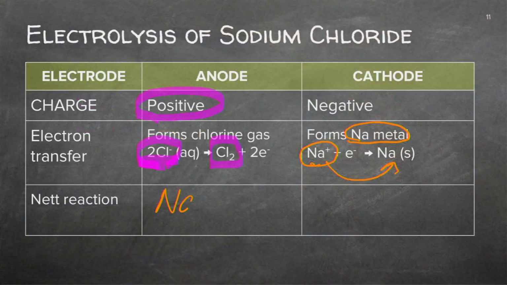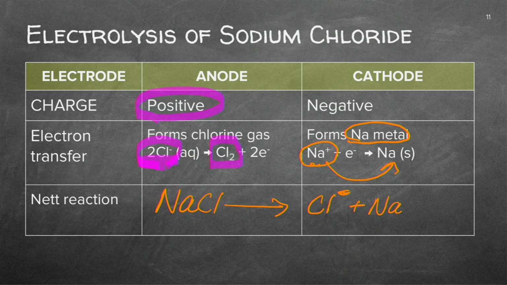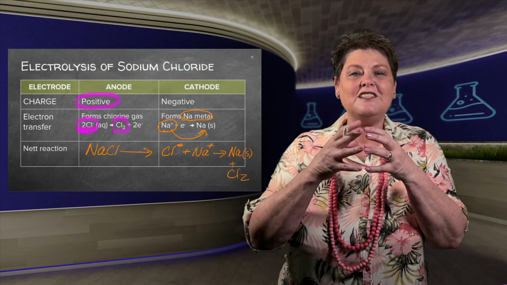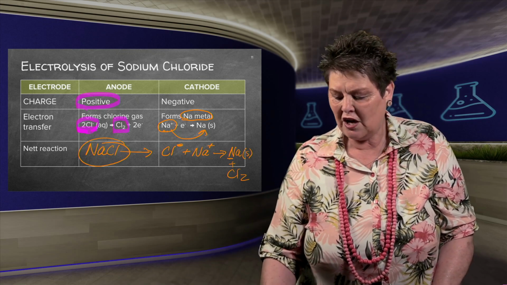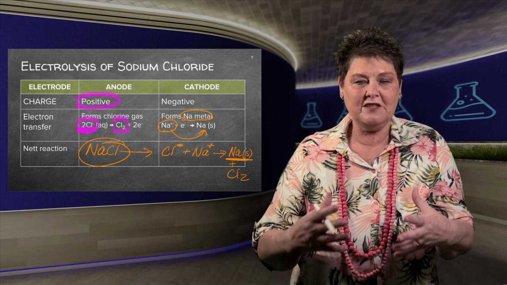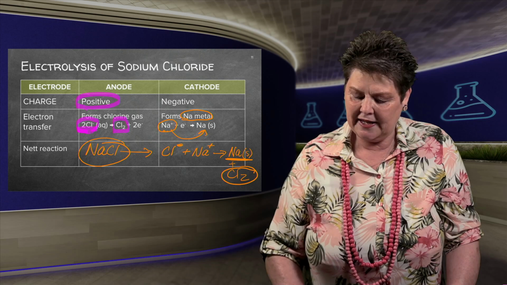So sodium chloride actually became sodium and chloride ions, and that in turn became sodium solid and chlorine gas. How interesting is it to separate the salt water into sodium solid, which is a metal, and chlorine gas.